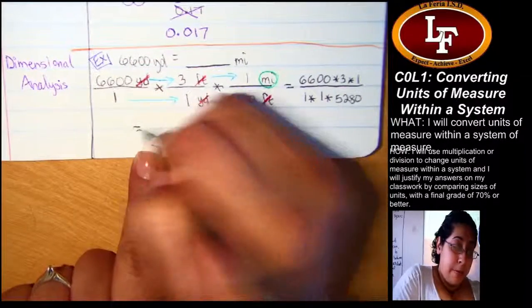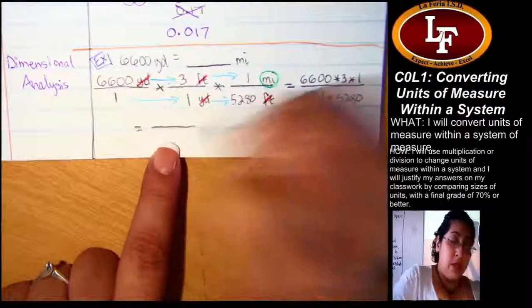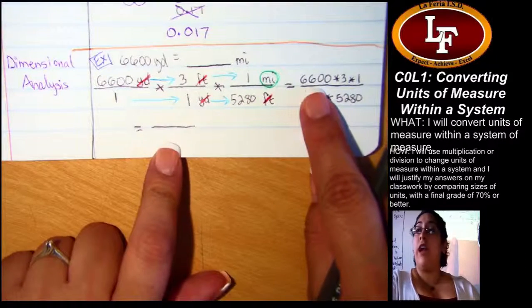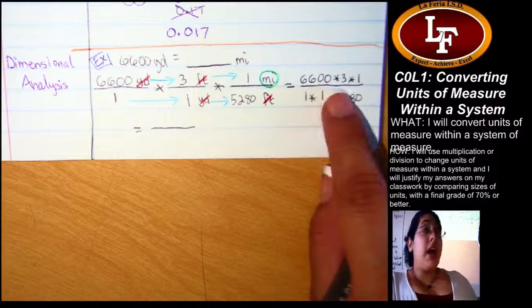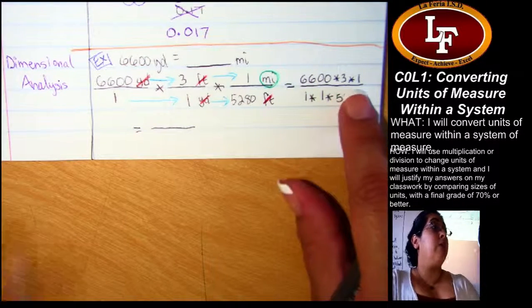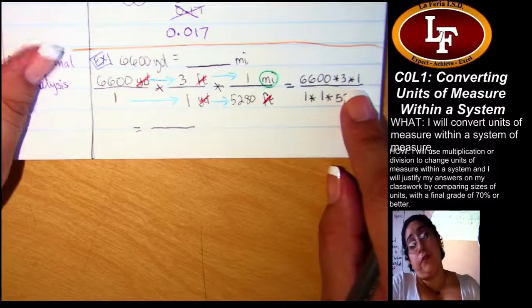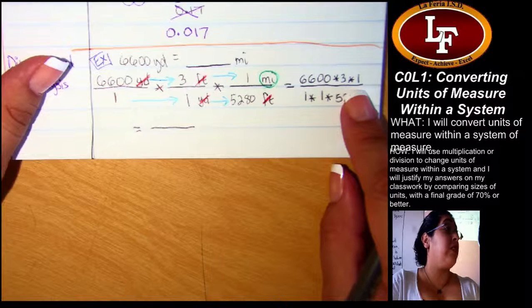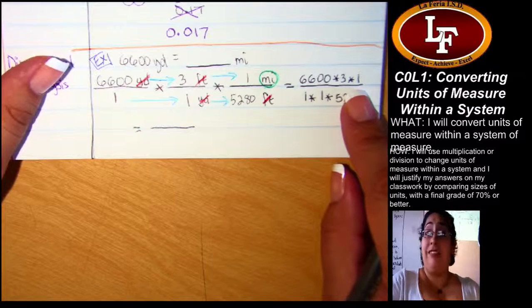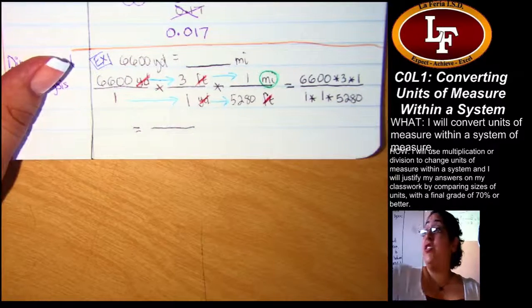Okay. Now do these multiplications. I'm going to need help. These numbers are too big for me. Go ahead and pull out your calculator app. 6,600 times 3 times 1. The number's too big for me. I need your help. Yes, you can grab a calculator. Are you going to believe him, or are you going to grab a calculator and do it yourself? He's showing it to me on his calculator.